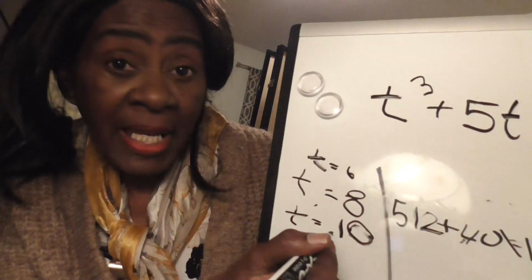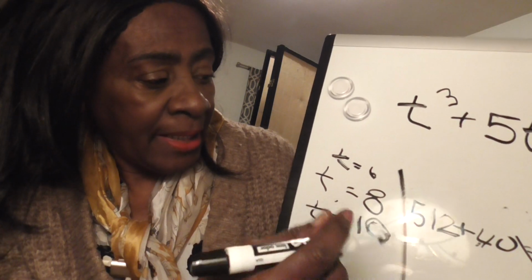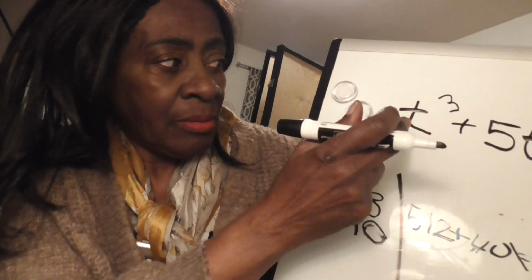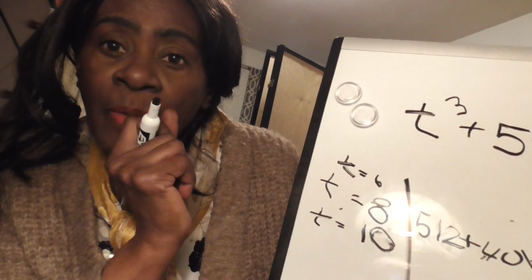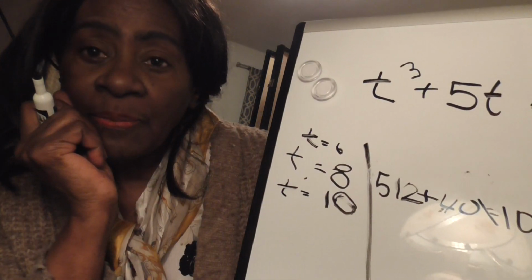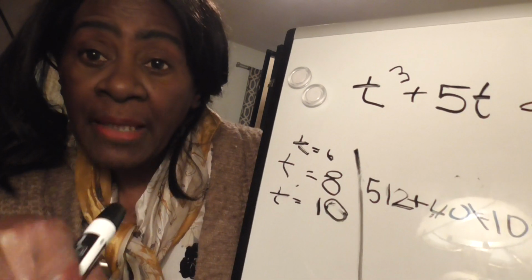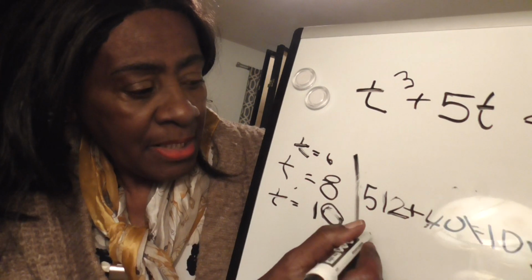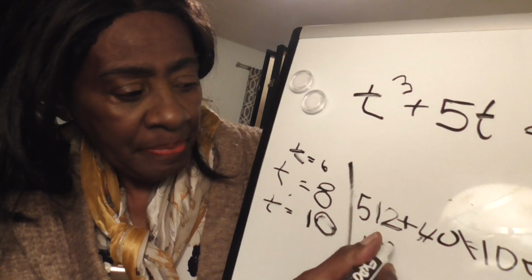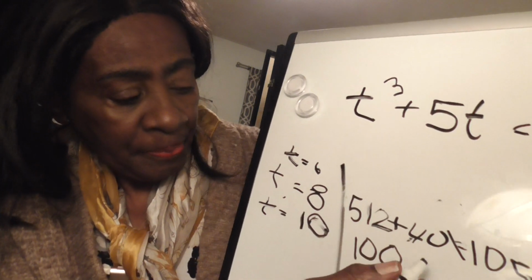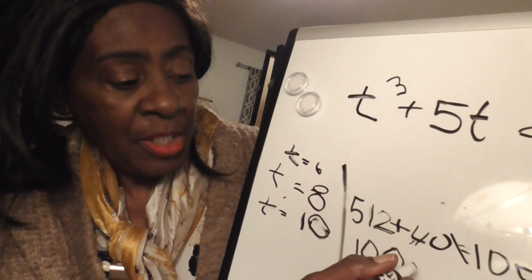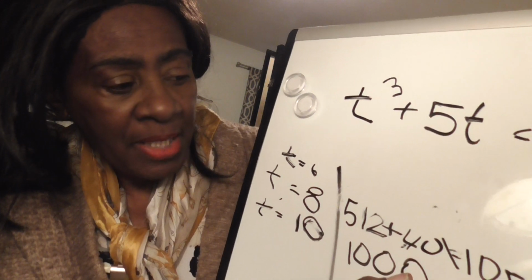Because now we're understanding it. Now we're understanding that we're replacing 10 with t, which is the unknown variable. So, if t were the number 10, 10 to the third power is 1,000.